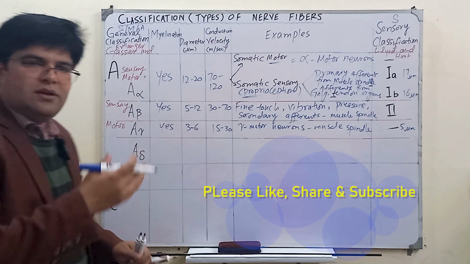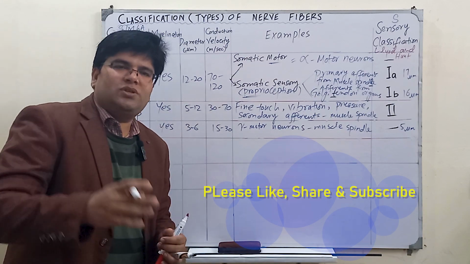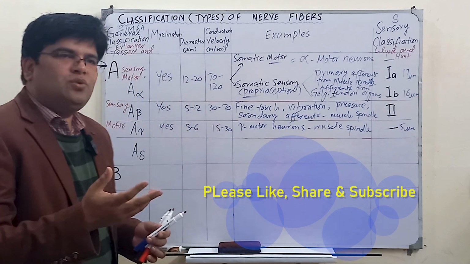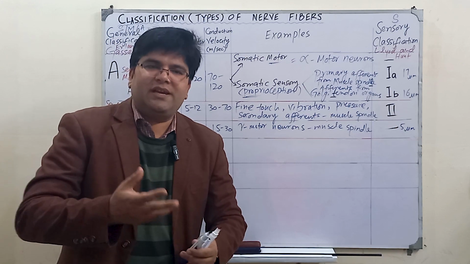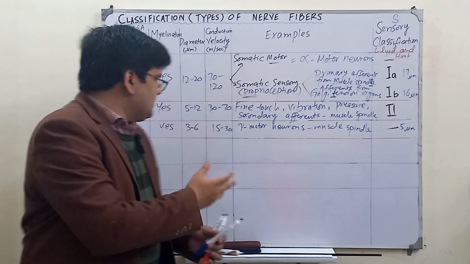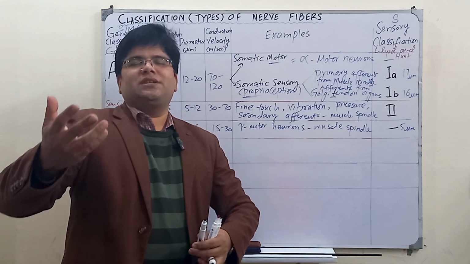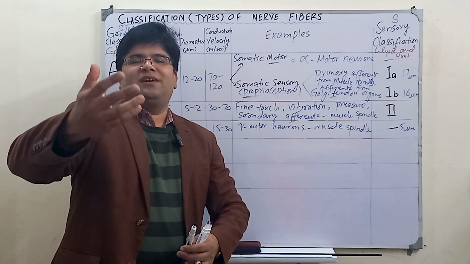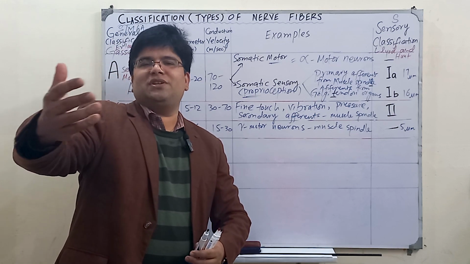How can you memorize the function of gamma motor neurons? Let's suppose a person is singing a song. In Urdu, singing a song is called Gana. So this is gamma, and from gamma, Gana. When someone is singing a song, his hand is like this, so your arm is in tone.